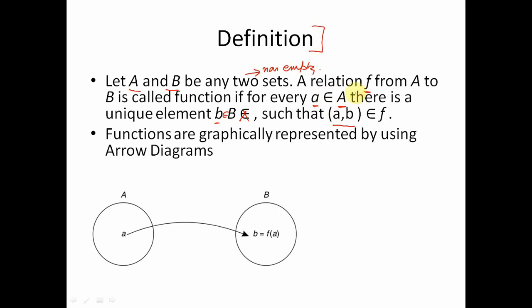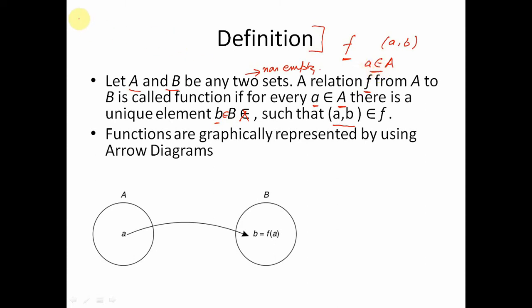Let us first imagine the function to be a relation only. Now what is a relation? A relation is a subset of the Cartesian product, right? So let us say there is this relation f that we have defined, having (a, b) pairs. Now this relation f can be said to be a function if for every element a belonging to the set A. Please note, I am saying for every element a.